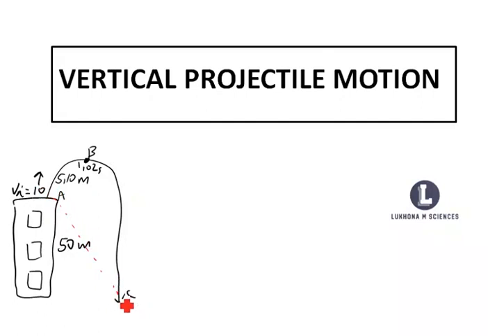So we have the initial velocity, which is equal to 10 upwards. We're looking for time. We have delta y, which is 50 below the starting point, which means downwards. Then we have acceleration, which is 9.8, always downwards.